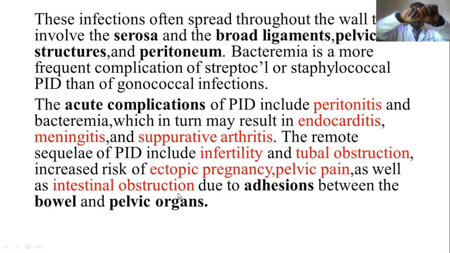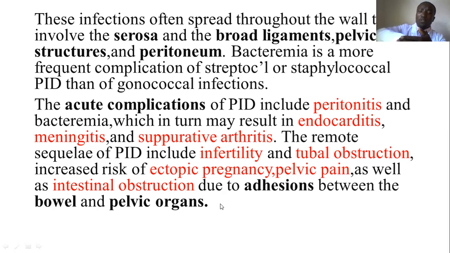The intestines might twist due to adhesions between the bowel and pelvic organs. Because of the suppurative exudates resulting from chronic inflammation, adhesions form.